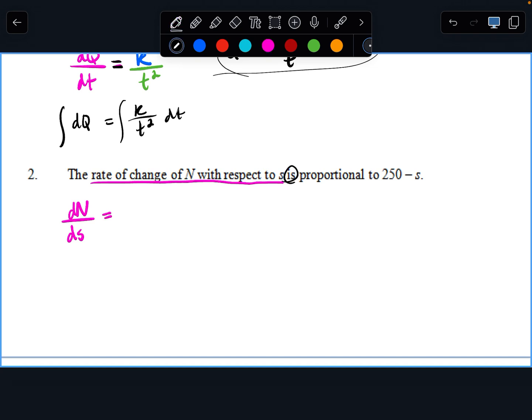Is equals. Proportional, see the word proportional, write a K. Doesn't matter what comes after, just put a K, right? It's proportional to... Oh, so it's not even inverse. It's just regular. So you're just going to multiply by 250 minus S. I hate S's. They look like 5s.